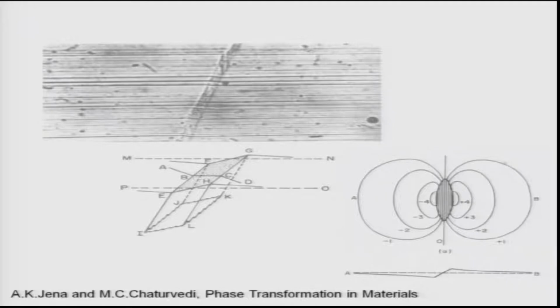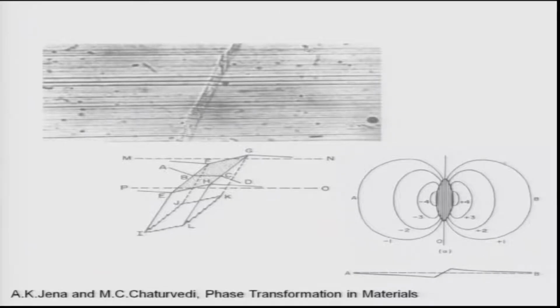It is very evident that these two planes, EFIJ and GHLK, are the habit planes, because they have not undergone any kind of distortion.